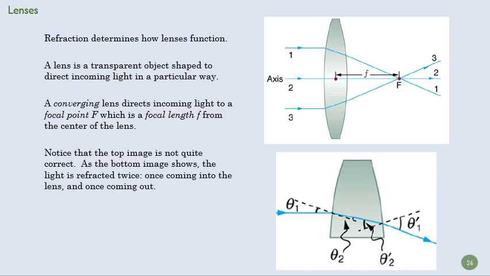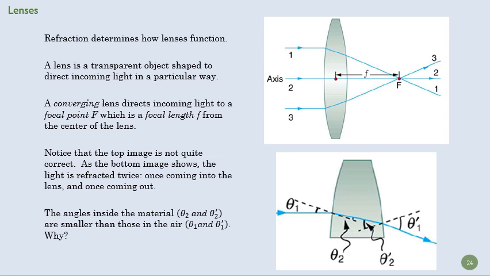And in fact, if we look at the refraction, this isn't quite right because it's going to refract over here as well, right? If we analyze this, we can see that it's refracting once when it enters the material and a second time when it's leaving the material.